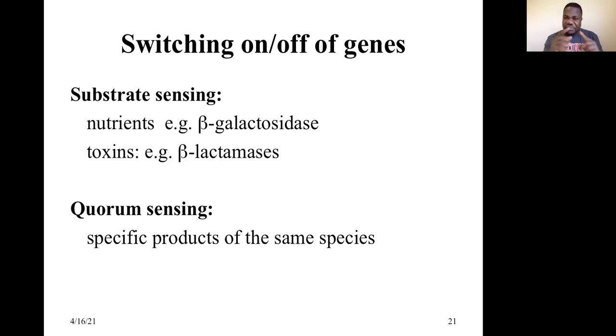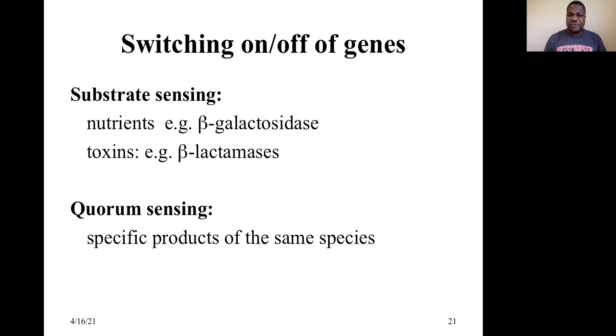So there are changes there, and any beta-lactam that will be given will then be resisted. So there will be resistance development to cloxacillin, for example, in Staphylococcus aureus.